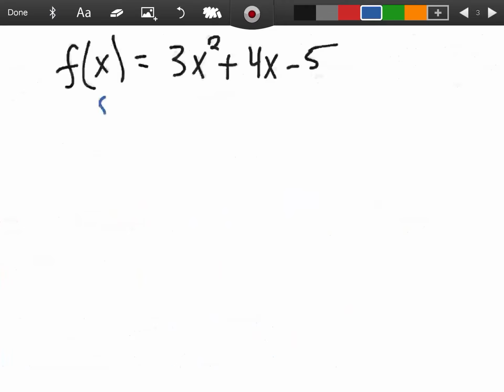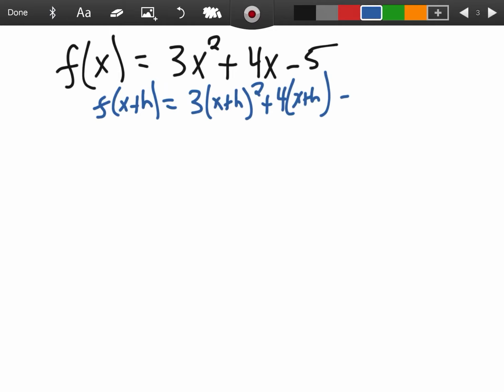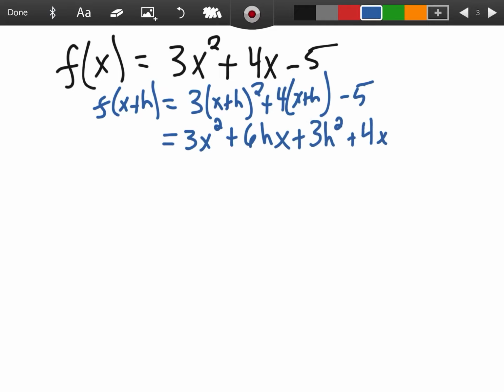All right, the first thing we need to do, of course, is find f of x plus h. That is going to be equal to 3 times x plus h squared plus 4 times x plus h minus 5. Now, if you do all of that out, we should get 3 times x squared plus 6hx plus 3h squared plus 4x plus 4h minus 5. Once you do the foiling and distributing, boom, that's what you get.